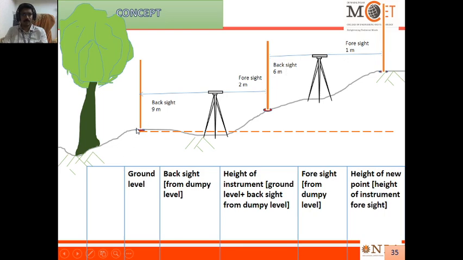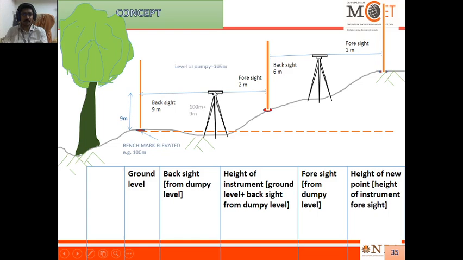The benchmark value you have assumed as 100 meter, and the difference is to be determined. How can we determine it? See the benchmark. From here, the reading is 9 meter. So the height of instrument becomes 100 plus 9, which is 109, right?